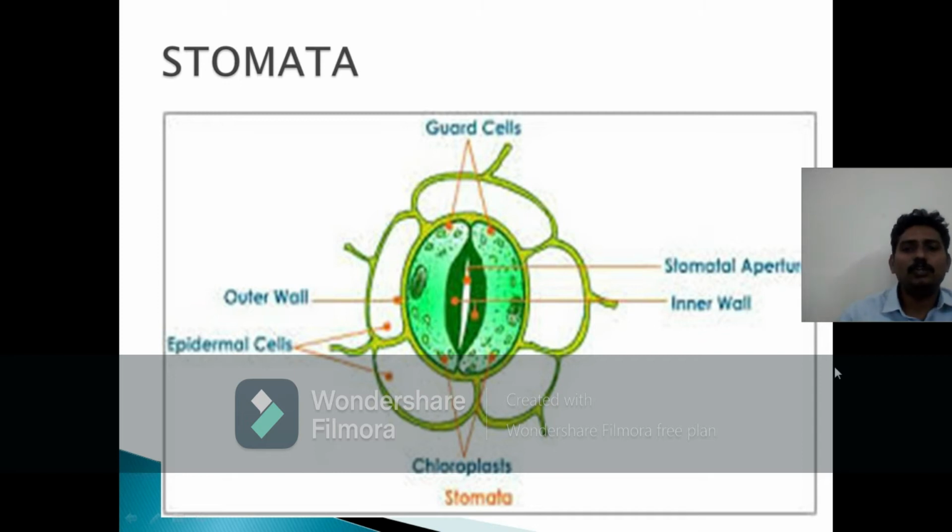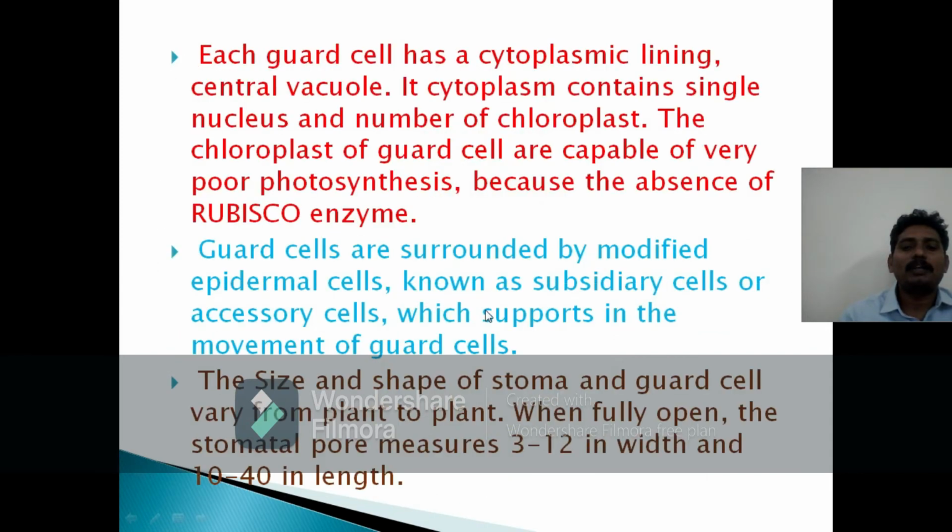Next, when we observe the structure of the stomata, we can find the guard cells as well as subsidiary cells. Here this is the dicotyledon stomata. In the dicotyledon stomata, the guard cells are kidney shaped. Here these are the guard cells, and this is the stomatal pore.